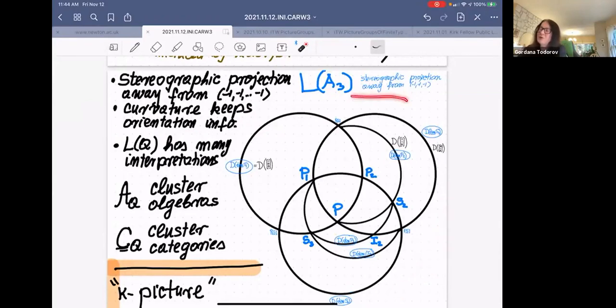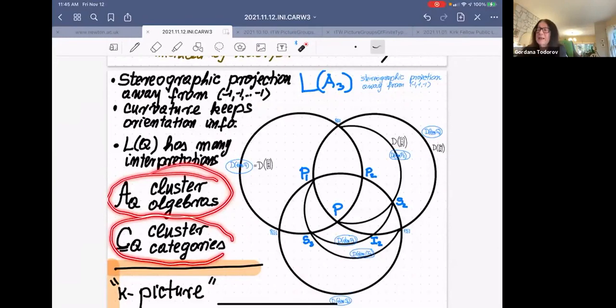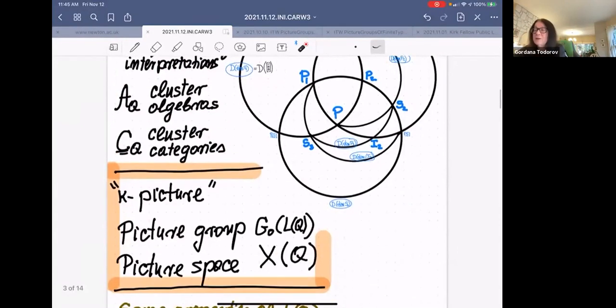Now, this picture I drew many times. It has interpretations in cluster algebras. It has interpretation in cluster categories. And today I actually want to concentrate more on this being a picture in a formal way.